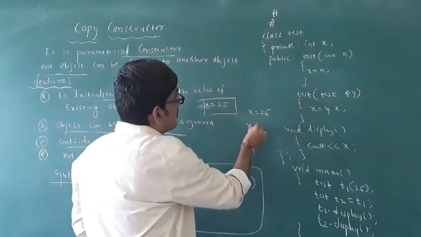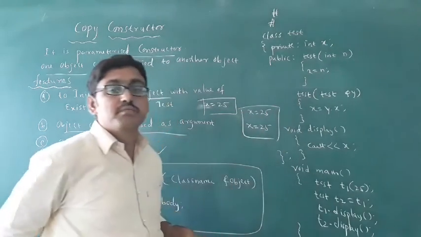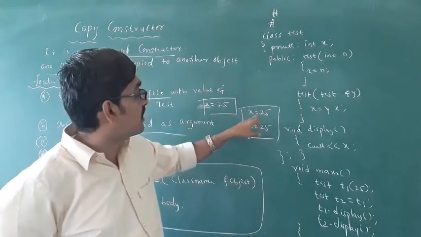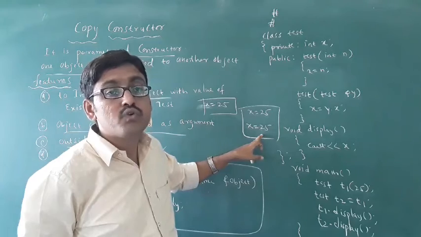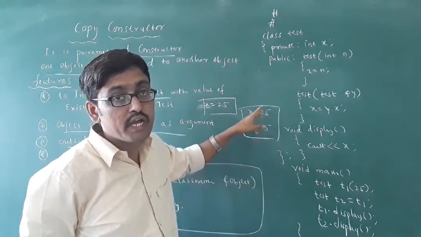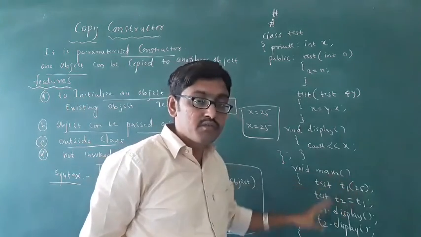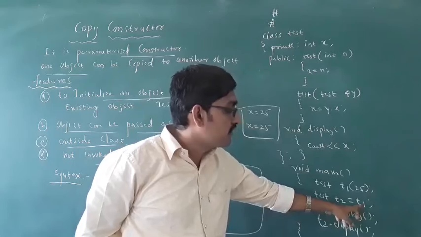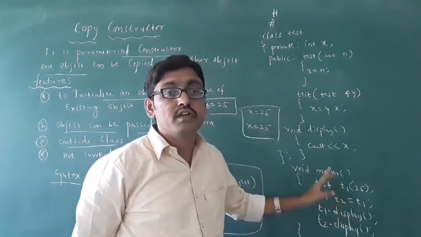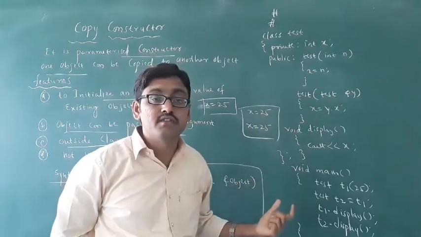This is for the t1 object, and this is the t2 object. The same value is displayed two times, because t1 has 25 and t2 also has 25, as the t1 value is copied to t2. This is nothing but a copy constructor.